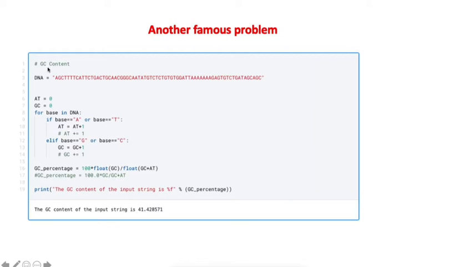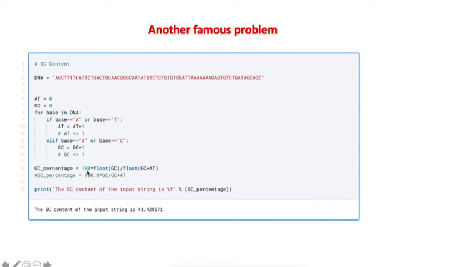We could easily solve the problem of GC content with just simple lines of code like those given here. We have the DNA sequence here, and we keep the counts of AT and GC at 0. Here we see the conditional statements: if base A or T is encountered, it increases the count of AT. If it encounters G or C, it increases the count of GC.